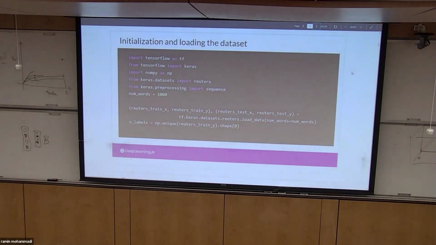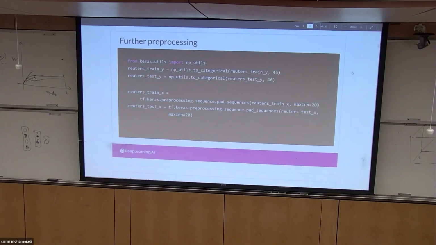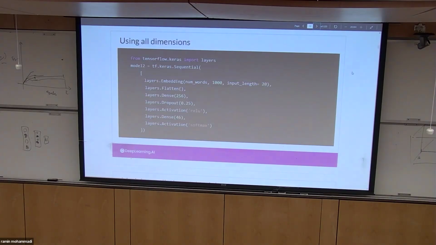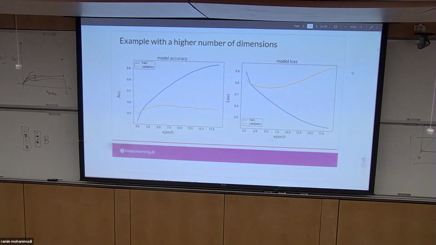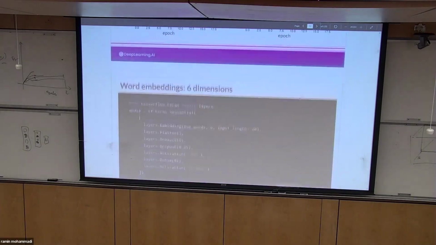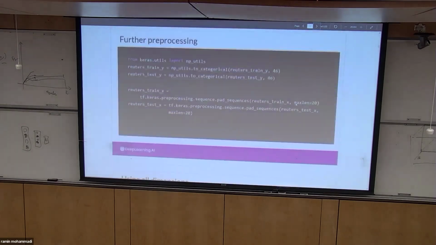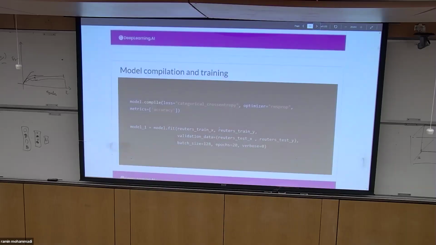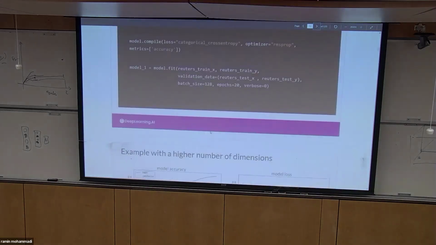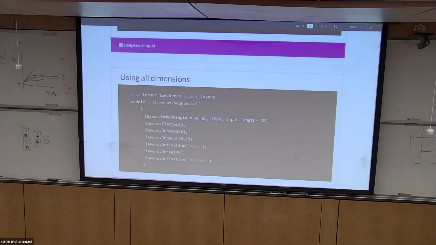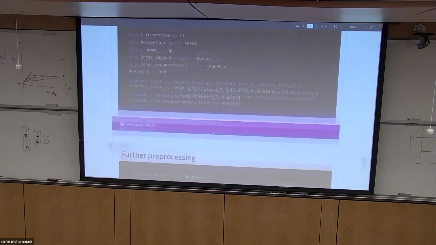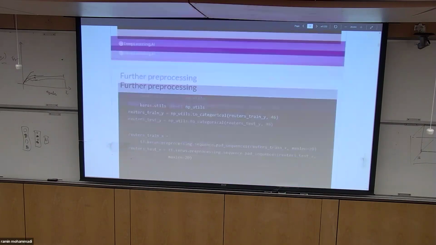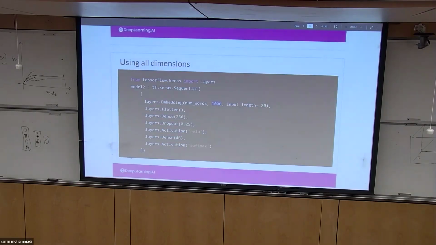Now, let's look at just one example here. There's just one number we want to change. So here, number of words is 1,000, and the embedding dimension is also 1,000.